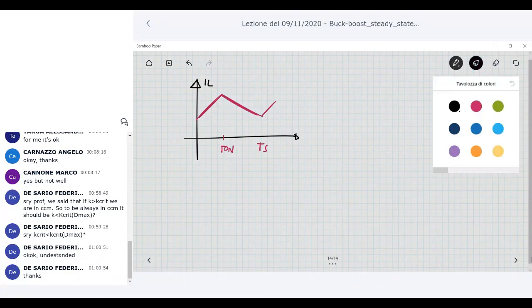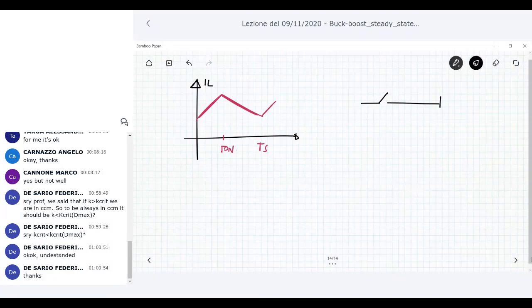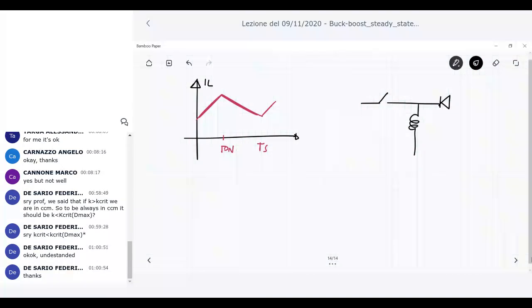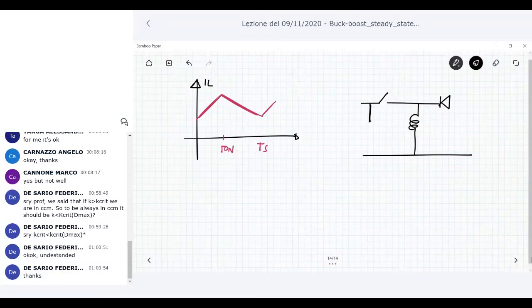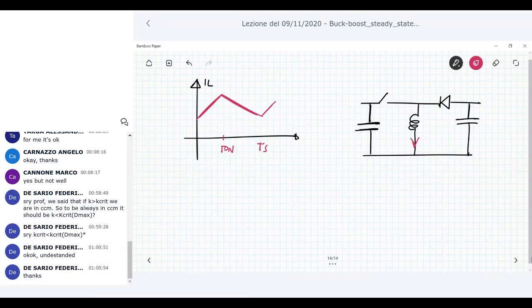Let me redraw the circuit of the buck boost, which is this one. So I have this current here, which is the plotted current.